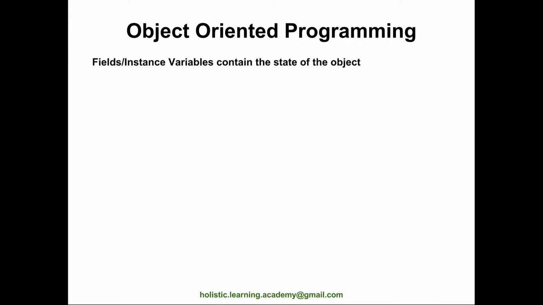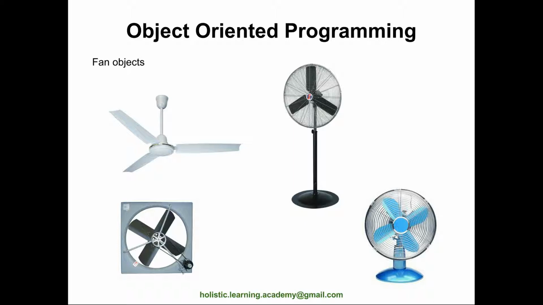Alright, now all objects have what are known as fields or instance variables. These contain the state of the object. What do we mean by that? For example, here we saw a bunch of fans, right? Now this fan may be running or it may be stopped. That's one attribute or one state of this object.